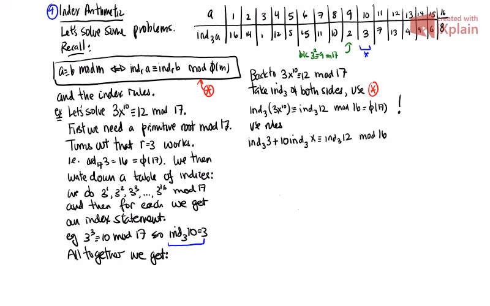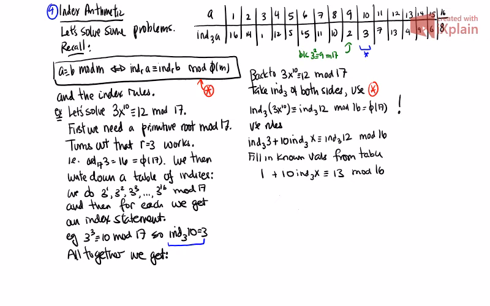Then we fill in the values we know. This is from the table. So the index base 3 of 3 is 1. I'll label all these in a second where they come from. I have 10 times the index base 3 of x, which we don't know. We have the index base 3 of 12, which is 13.